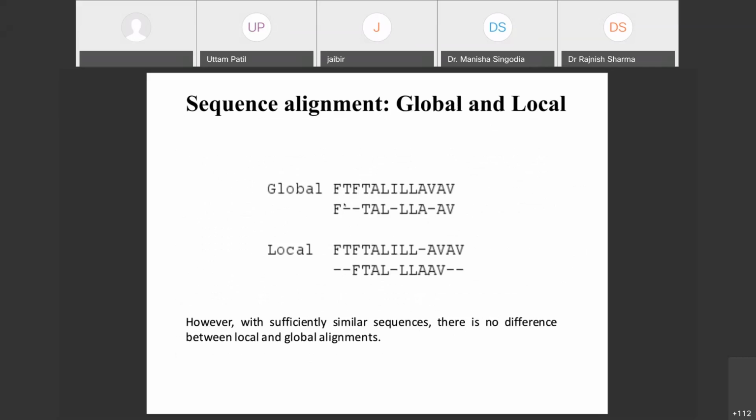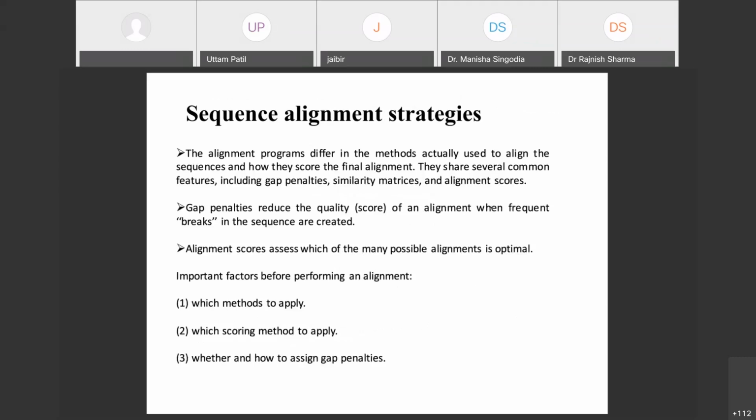That will discourage the overall creation of gaps, and then you will see a smaller number of gaps, as you are seeing here. The gap penalty will ensure that you introduce fewer gaps in your alignment. However, it may reduce the quality of an alignment when frequent breaks in the sequence are created.